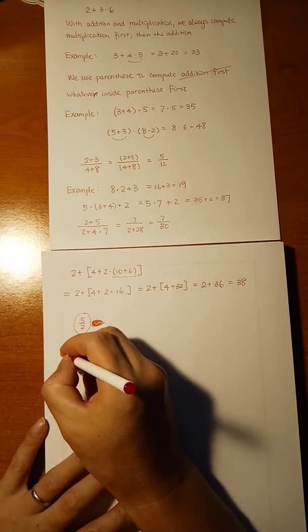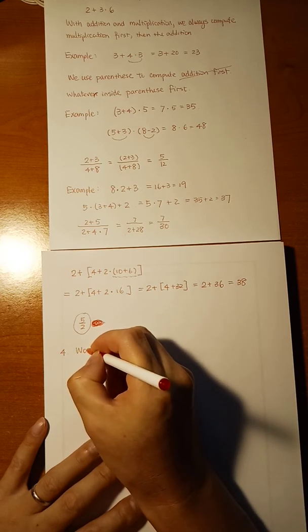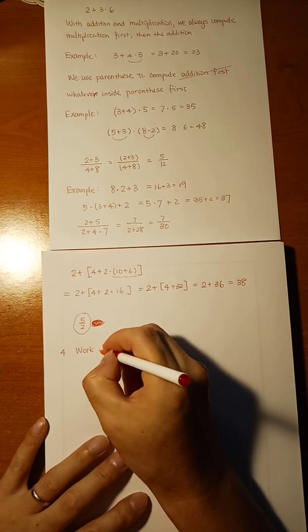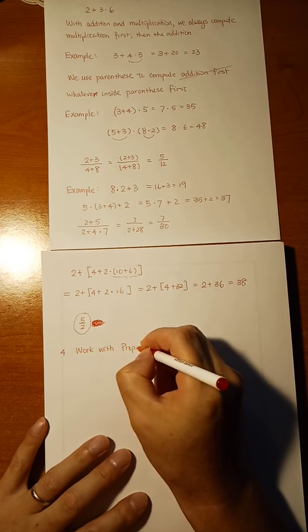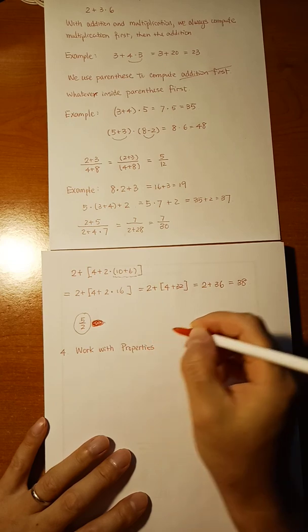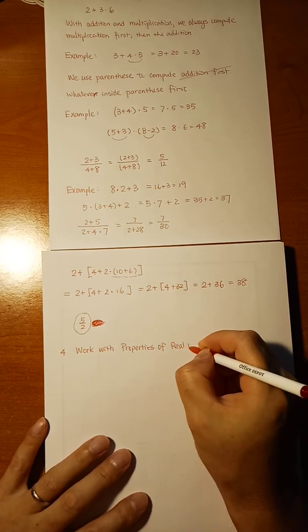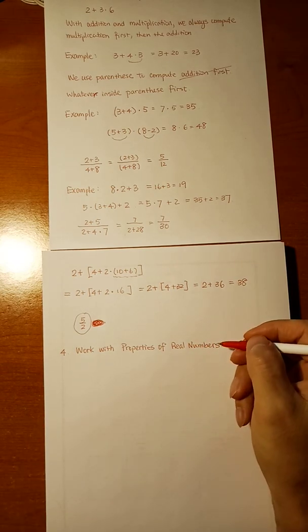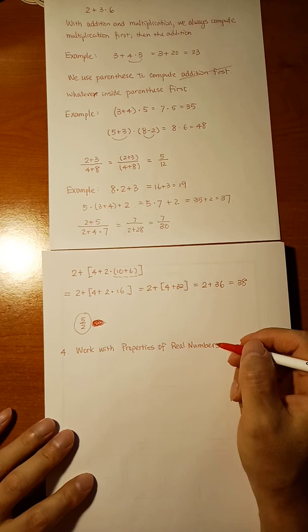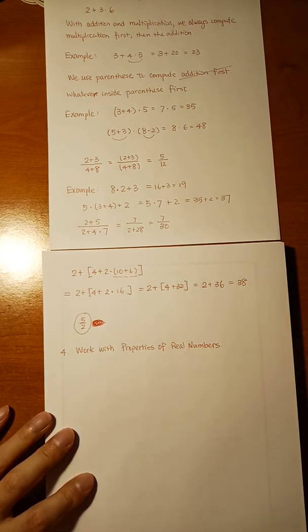So first, the basic properties of real numbers. Let's see the list of the four properties.